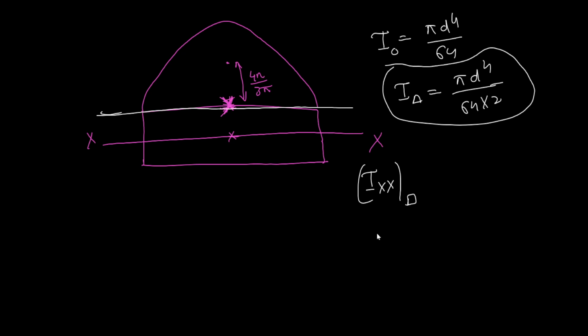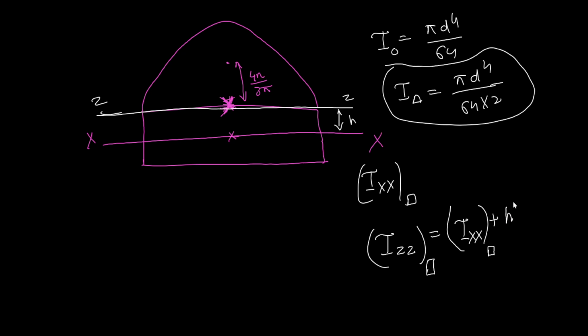then by using the parallel axis theorem, suppose this is the zz axis, you can calculate about the zz axis of the rectangle. How will you calculate? Ixx of the rectangle plus the distance. Suppose this is the distance, whatever dimension h will be given, you will write h square into the area of the rectangle, suppose b and the depth is d, so you will write bd.